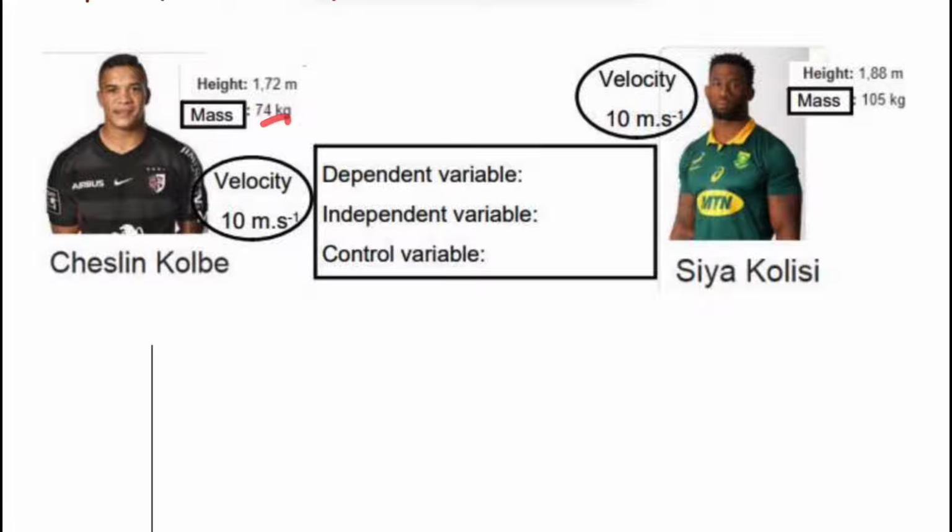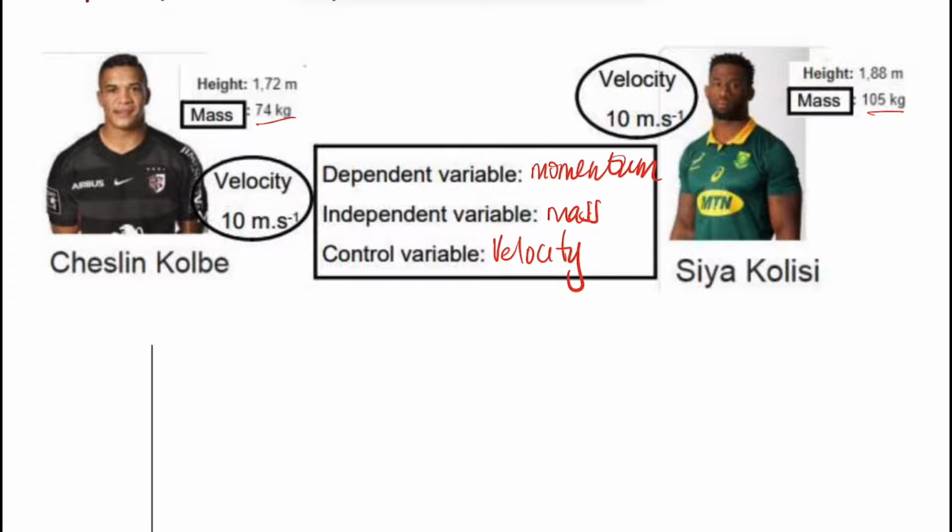Greater mass, greater momentum, while the speed is kept constant. So the control variable is the velocity, which is the speed, and the independent variable is the one that is different between the two, which is the mass. The dependent variable here is going to be the momentum.